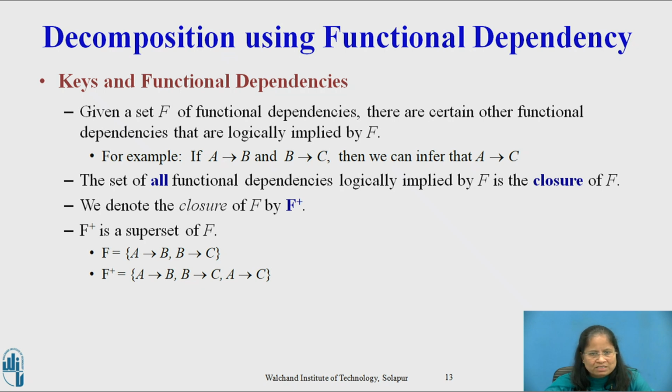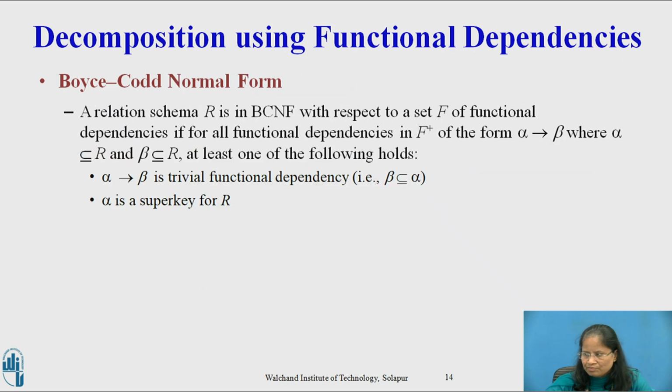So F plus is a superset of F. If F is equal to A functionally determines B and B functionally determines C, then F plus is equal to A functionally determines B, B functionally determines C and A functionally determines C.